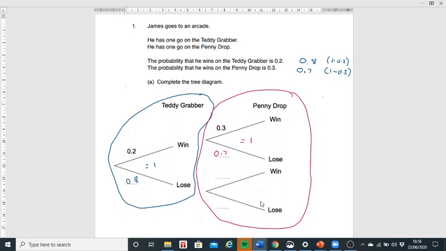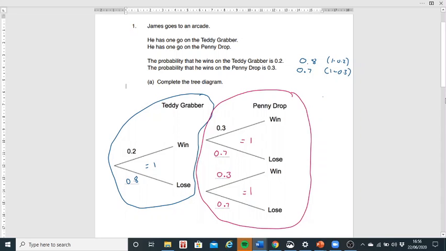No, it doesn't. We call these independent. So the winning probability at the penny drop is still 0.3 and losing is still 0.7, and that once again equals 1. Each set of branches equals 1. The second event always will have two branches if there were two branches in the first one.